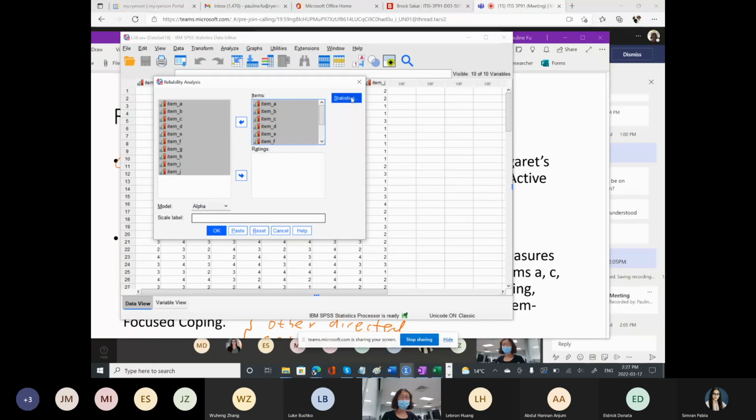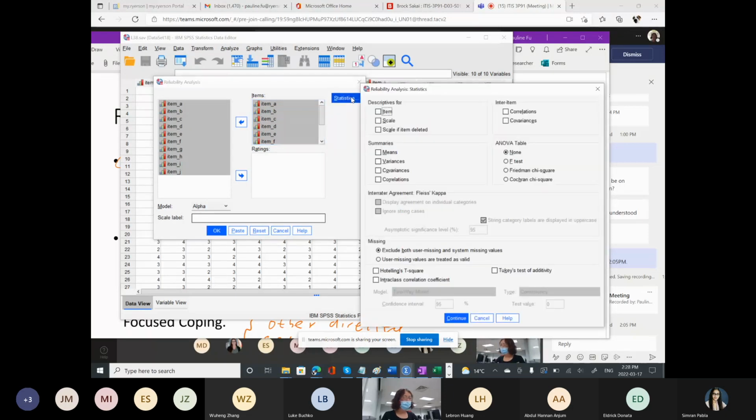Under Statistics, descriptive for item, scale, inter-item correlation, and then click continue.